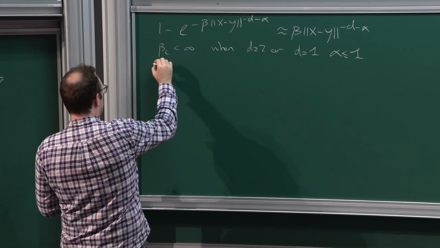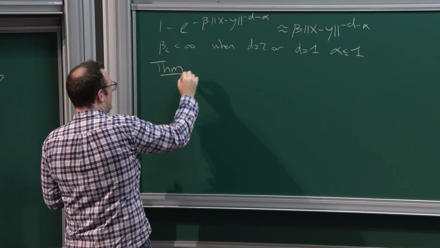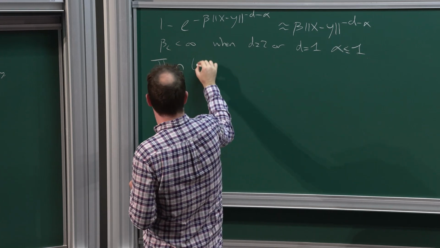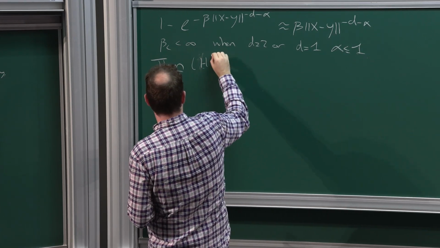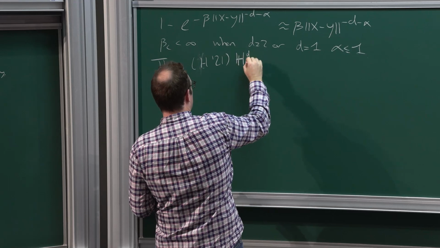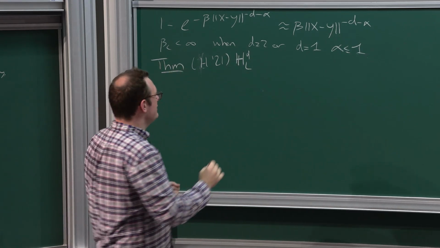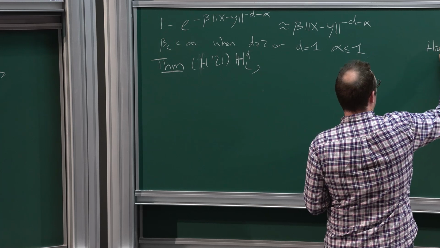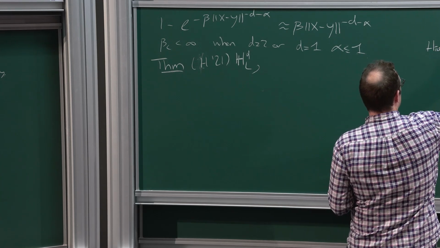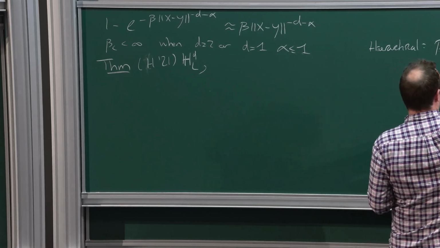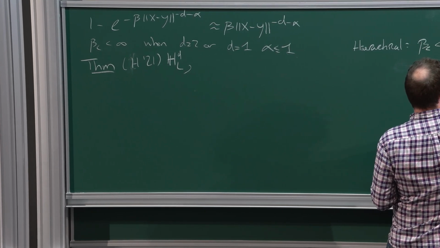And the theorem that I stated when we ended last time is that for the hierarchical lattice, beta_c is finite if and only if alpha is strictly less than d.